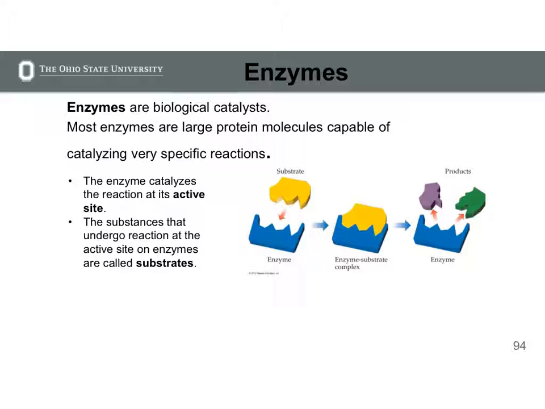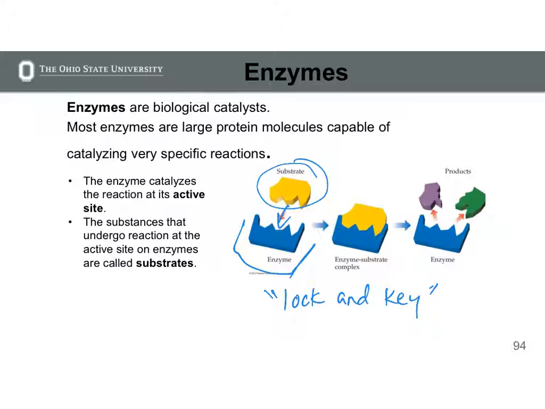But in general, the way this works is we have an enzyme. This is showing you the lock and key method, or description, the terminology you'll see. Basically, our enzyme is going to allow for the reactants, which we're going to call the substrate, to go into the right place.